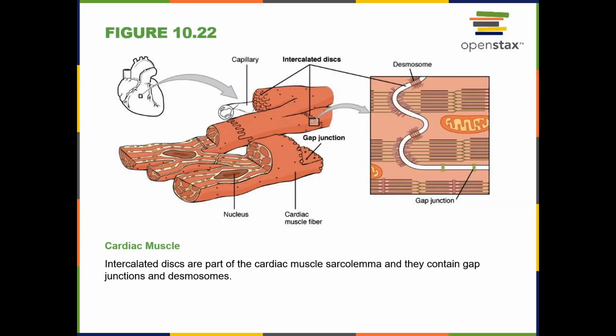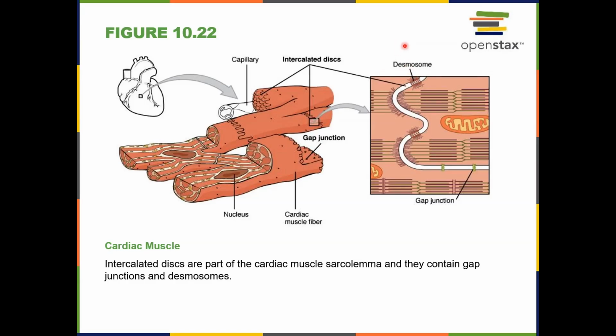Cardiac muscle found within the heart has muscle fibers with a branching shape that are connected through cell junctions at regions called intercalated discs. Within the intercalated discs, desmosomes anchor the cytoskeleton of adjacent cells together.